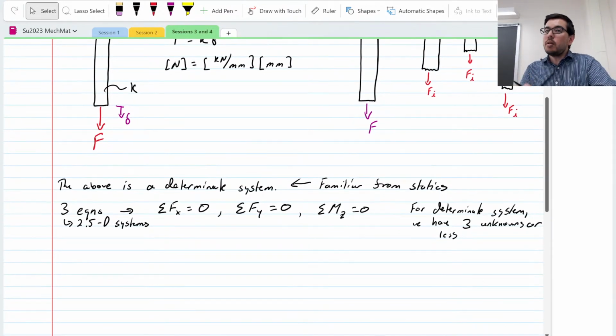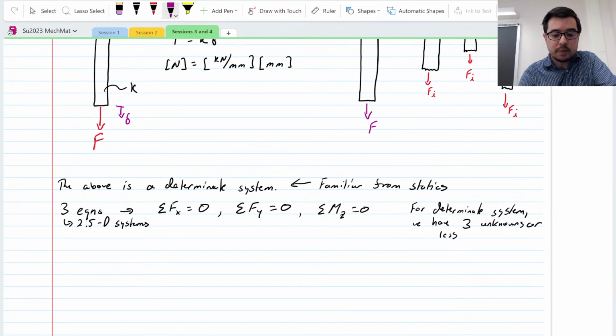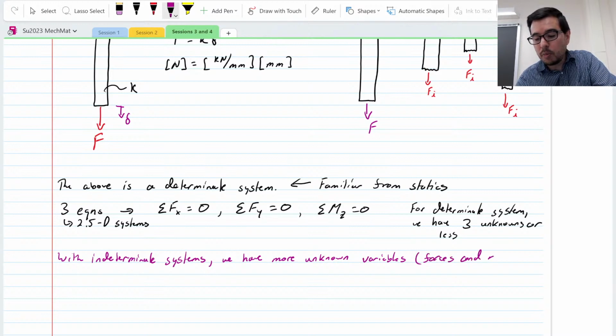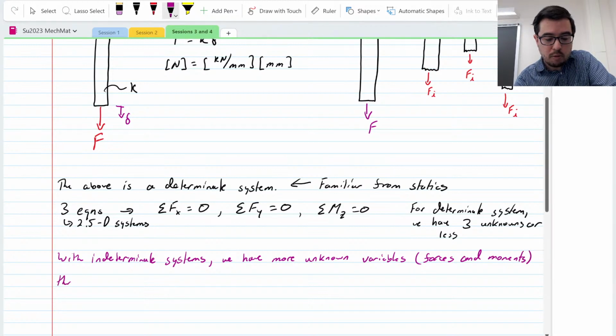With indeterminate systems, we have more unknown variables, which typically are forces and moments, than we have equations of equilibrium.